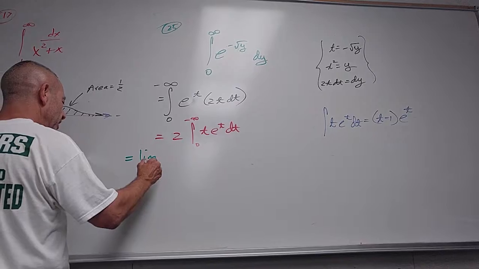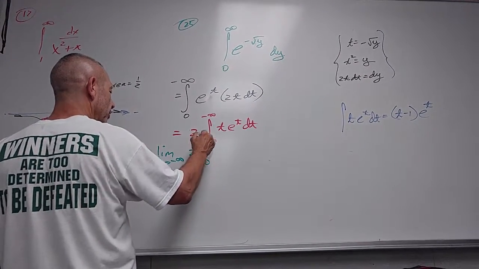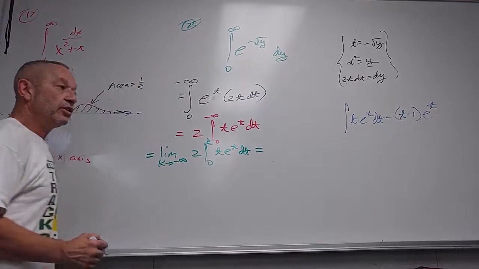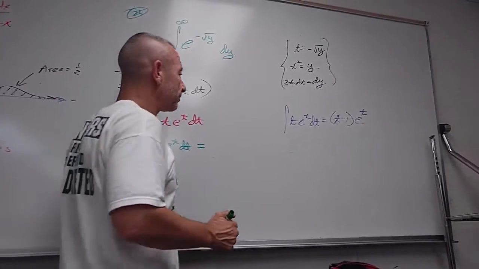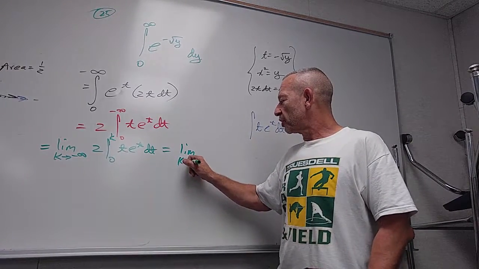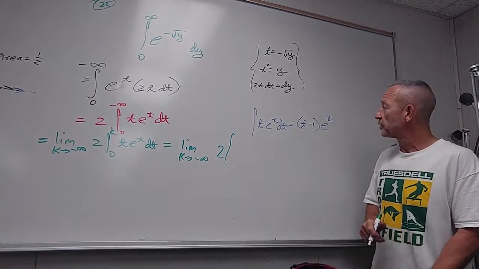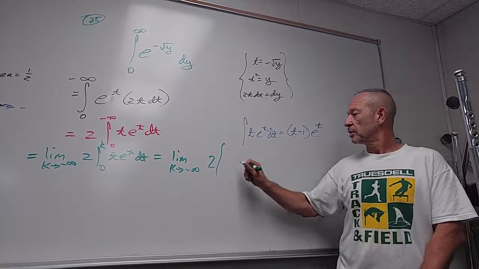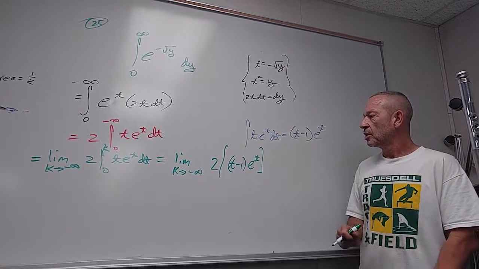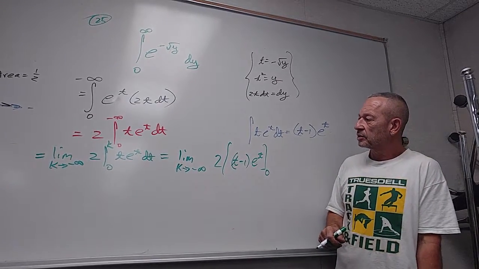as k goes to negative infinity of 2 integral 0 to k t e to the t dt. Now I can use the formula and not actually have to integrate. So this is the limit as k goes to negative infinity 2 times, and what was the integral of t e to the t? t minus 1 e to the t, and that's from 0 to k.